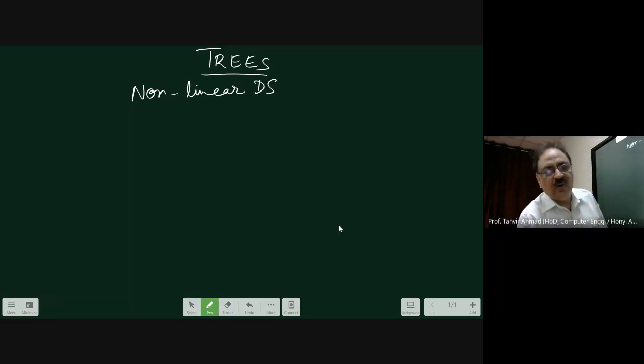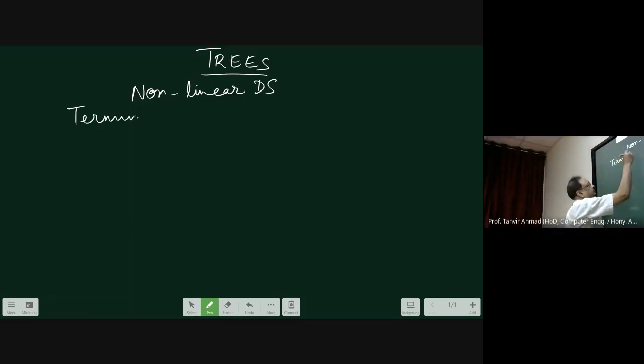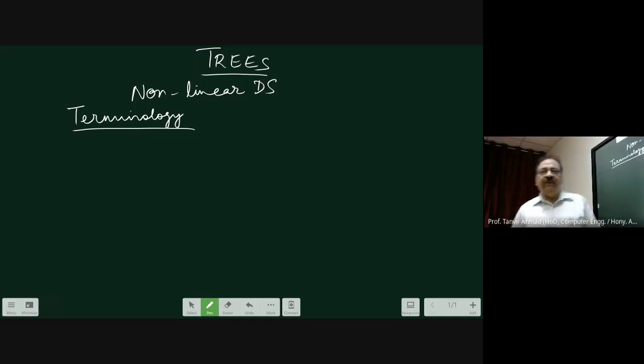Now, what we are going to do is understand what the types of trees are, and therefore let us come to that terminology first. That means how to define a tree.